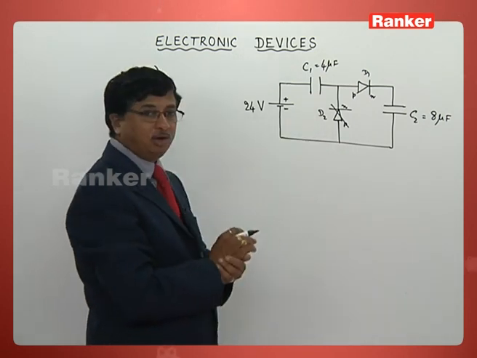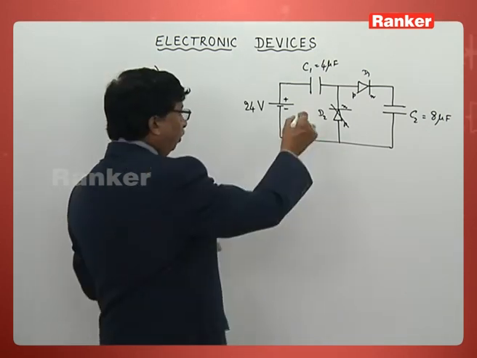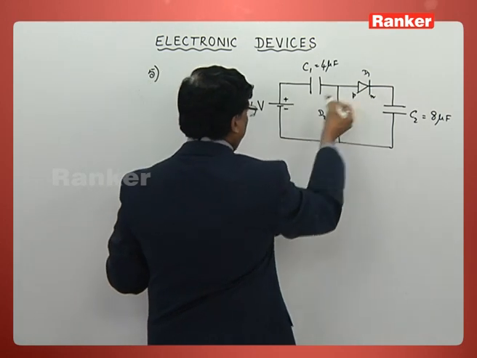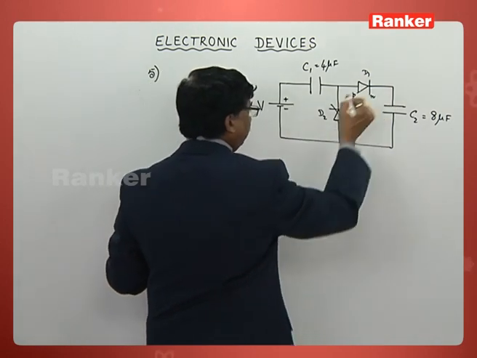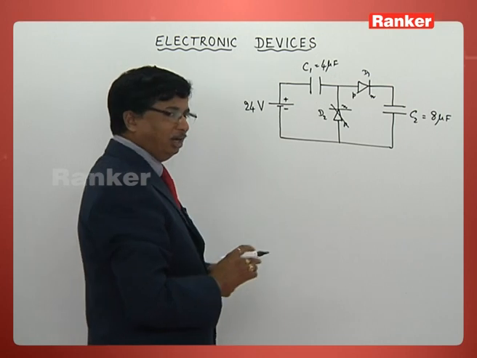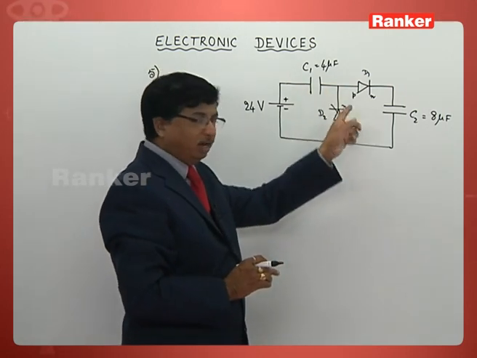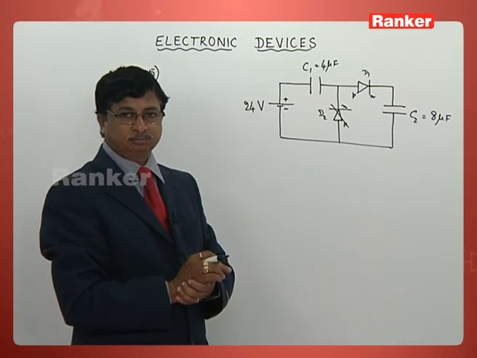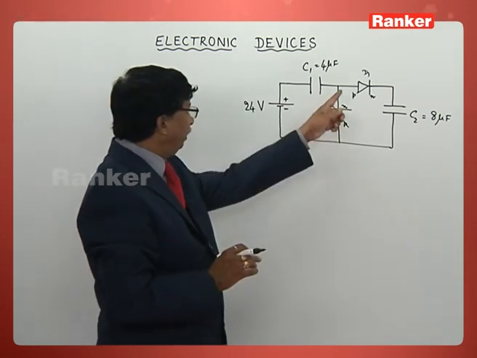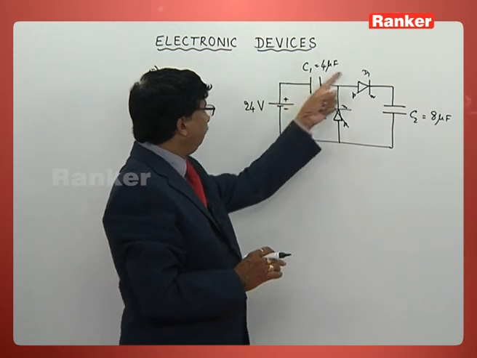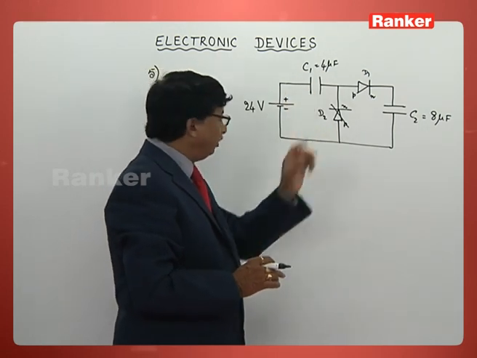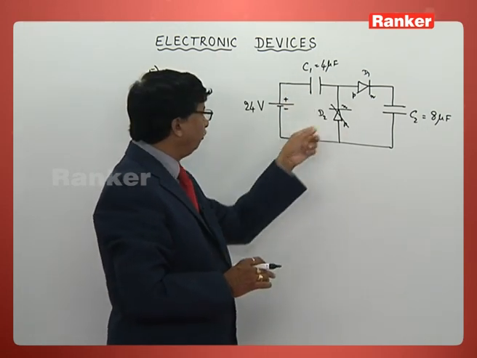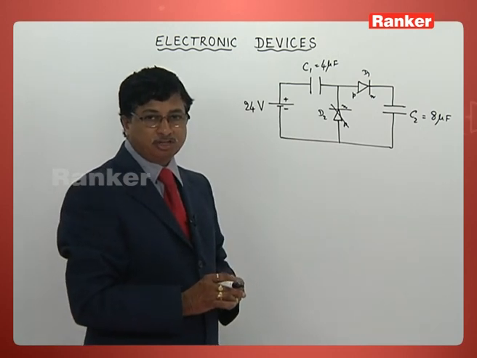Now look at the other diode. Positive is connected to P and negative is connected to N, so you can directly identify that diode 1 is in forward bias condition. When it is in forward biasing, current flows; when it is in reverse biasing, no current flows across that junction diode.